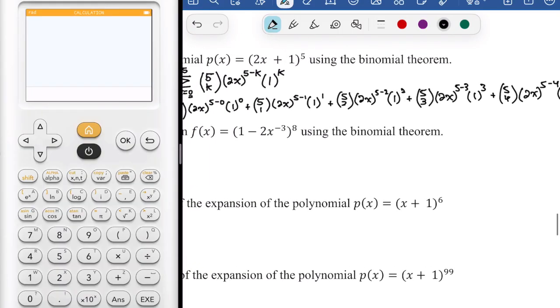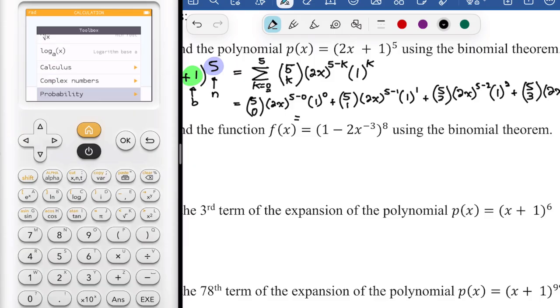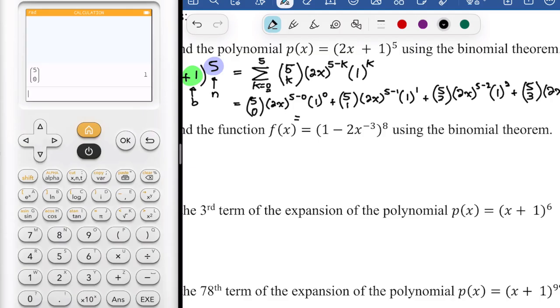All right, so to tackle my combinations here, I'll just put a little equal sign here. 5, so I'll go to my toolbox, probability, combinatorics, select that first option, 5, 0. You'll notice over time that any combination where 0 is on the bottom, the result is equal to a 1.